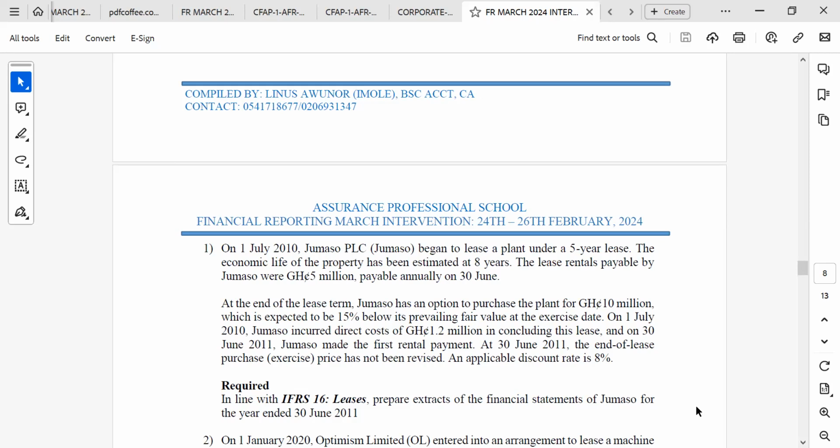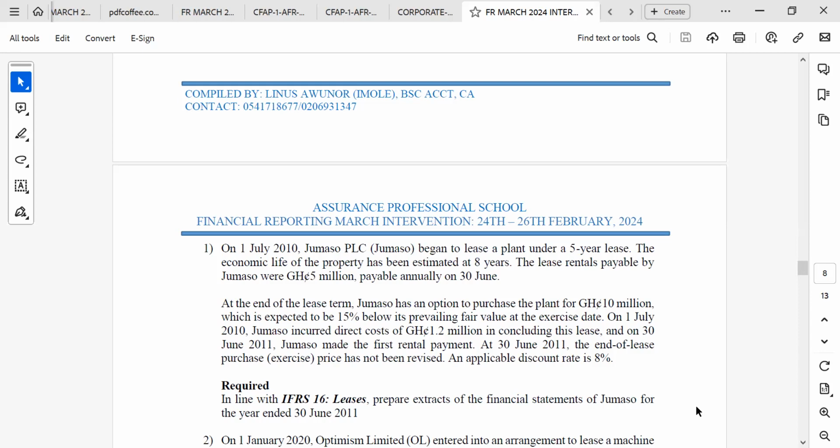And on 30th June 2011, Jumaso made their first rental payment. At 30th June 2011, the end of lease, the purchase exercise price has not been revised. An applicable discount rate is 8%.